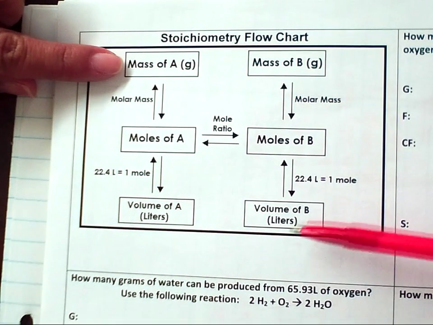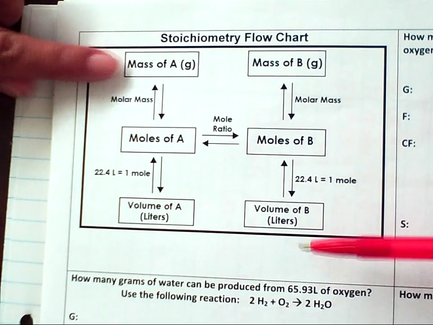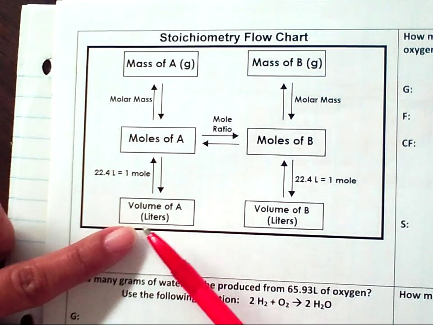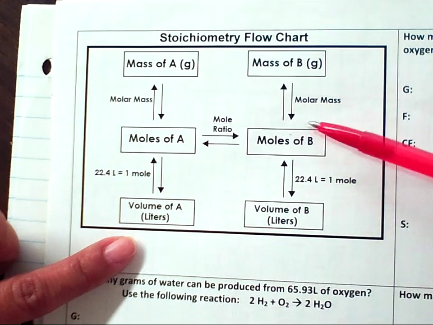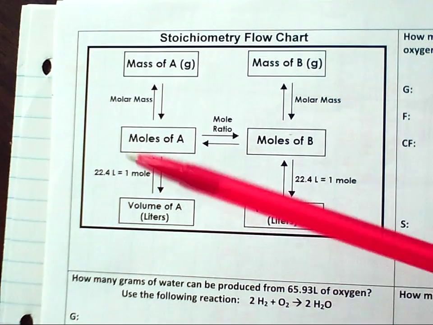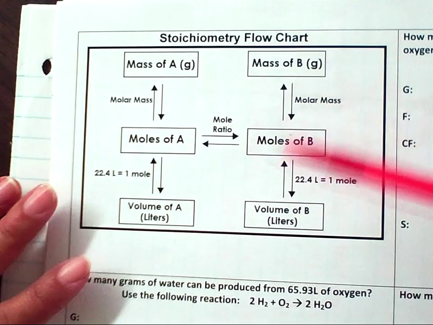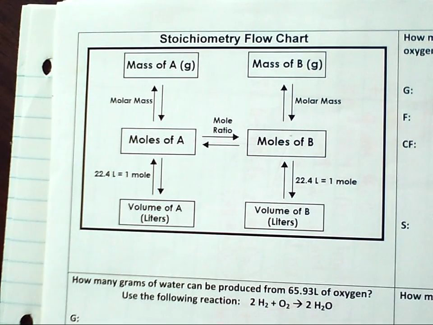Then if you wanted volume, you'd have to go to moles, moles to moles, moles to volume. Or you might start with volume, and then you would go from volume to moles, moles to moles, and then if they want volume, you'd go from moles to volume. But the whole point is, you would always have to use this flow chart regardless of where you're going. And you will have it memorized by the time of the test because we use it so often.